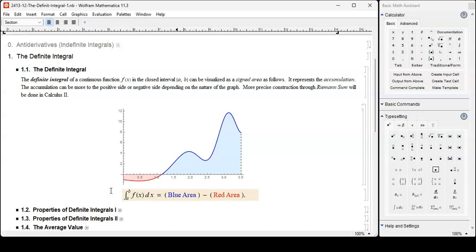It measures the accumulation. For example, if this is a graph of the daily profit of your business venture, then each y coordinate is your daily profit. If you multiply by the number of days, you get more or less the accumulated profit or loss.